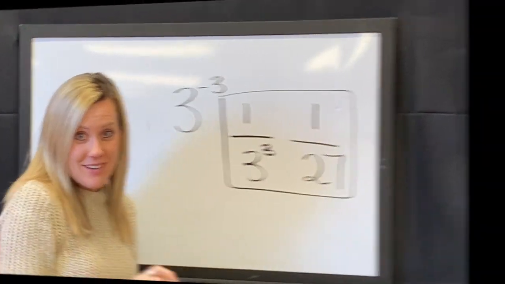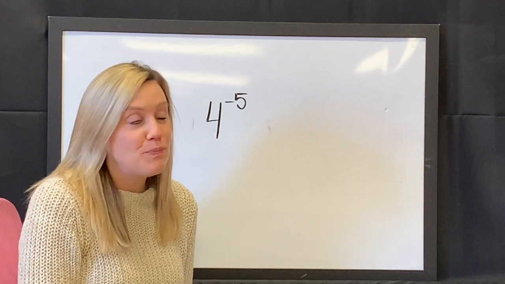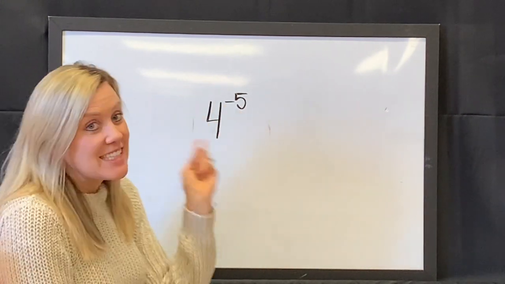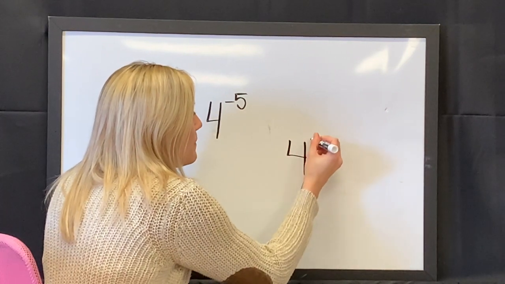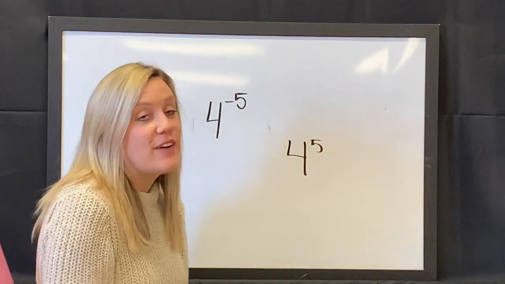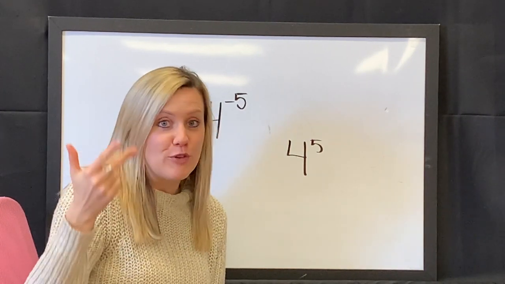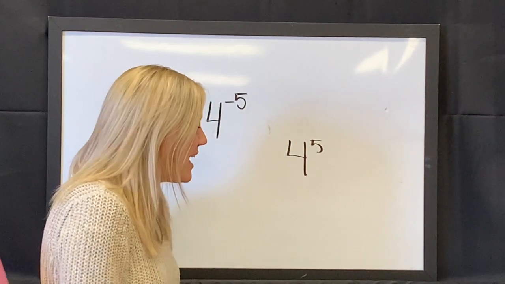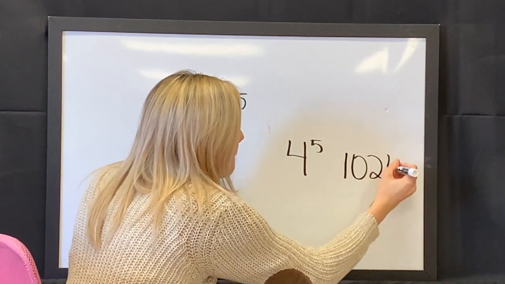Let's try another one. Here we have 4 to the negative fifth power. So I want you to pretend that this isn't negative for a minute, and we're just going to rewrite 4 to the fifth power. You could also find out what 4 to the fifth power is. What is 4 times 4 times 4 times 4 times 4? Okay, and that is 1024.